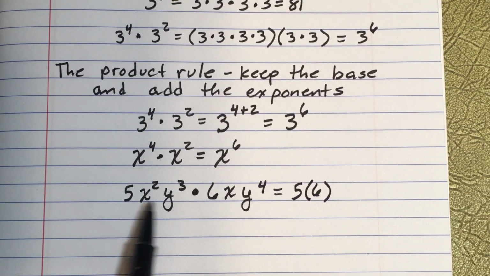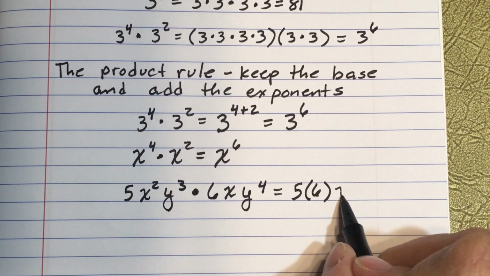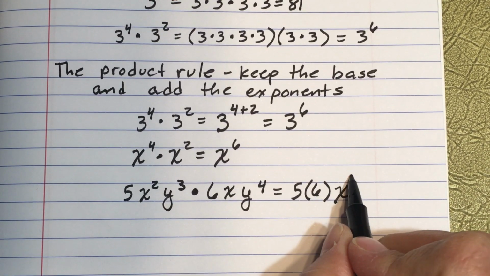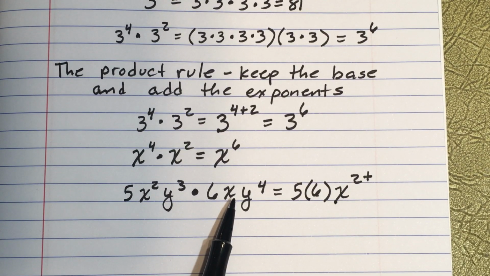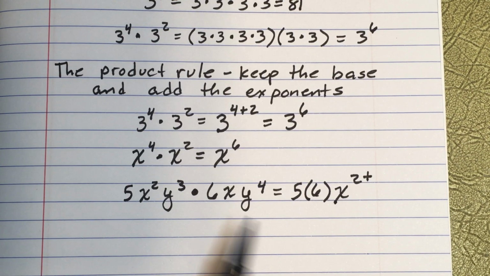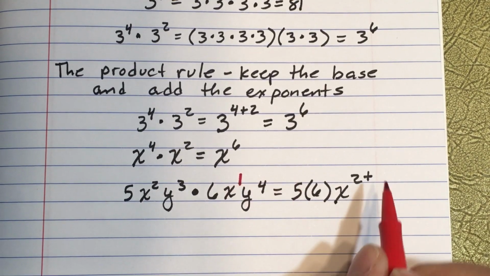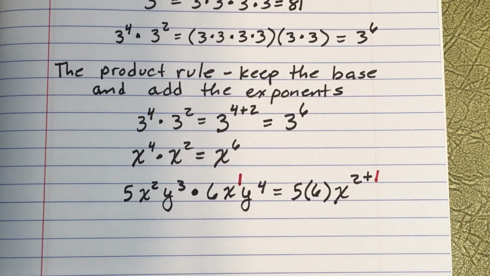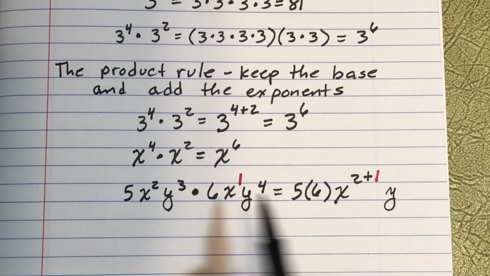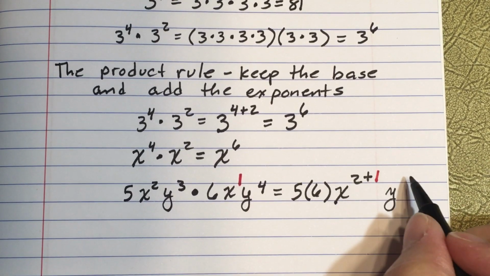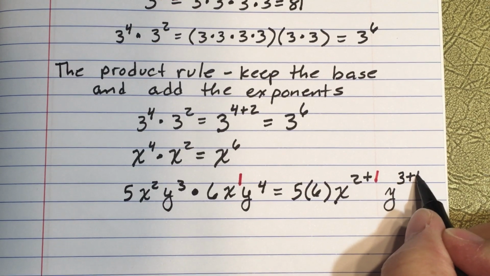I'm going to keep the base x, and I'm going to add the exponents. 2 plus, there's no exponent on that x, but there's only one x there. So because there's only one x, I can use the exponent 1. I could put a 1 here and say 2 plus 1. And I also am going to keep the y and add the exponents for the y also. So y has 3 and y has 4. I do 3 plus 4.